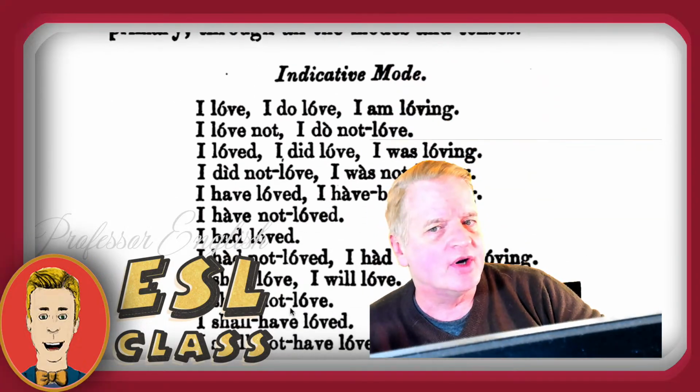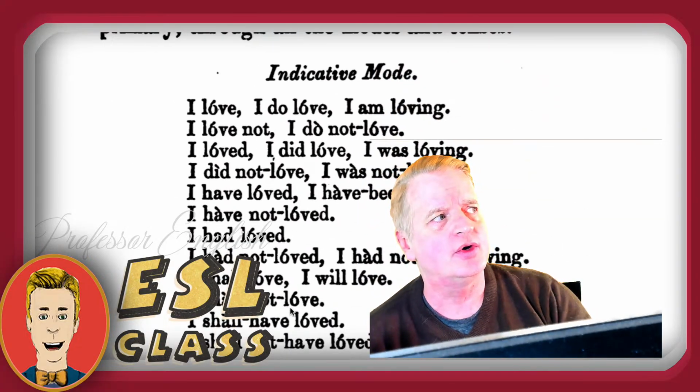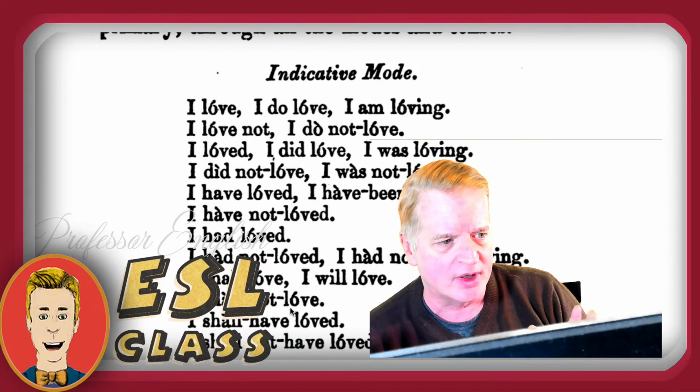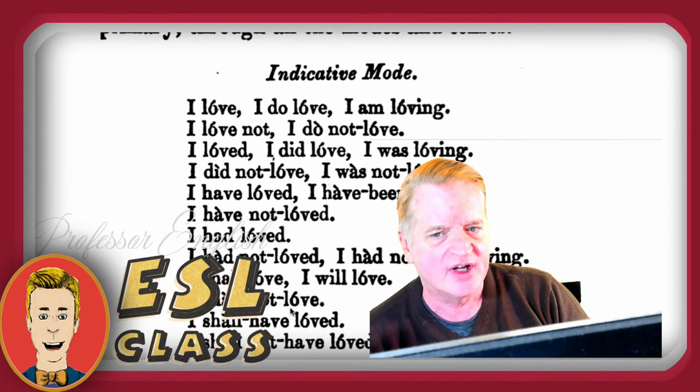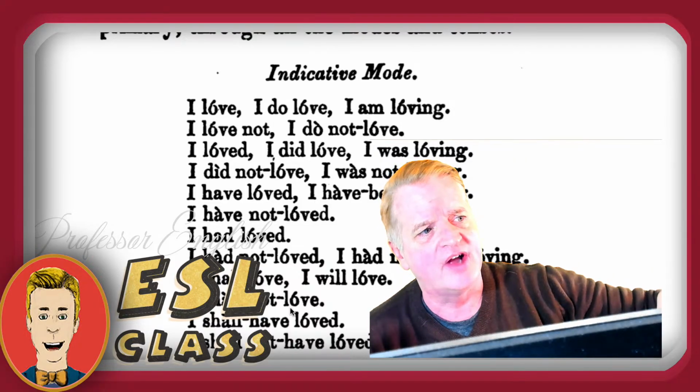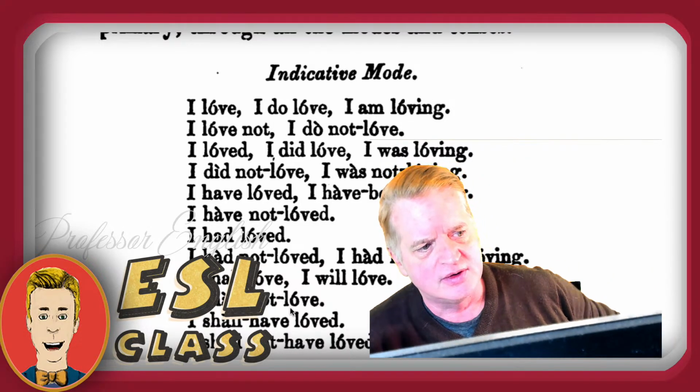Okay, but now the purpose of this book is to decide which words we should emphasize. So in that phrase, I love, according to the markings, which word should get the most emphasis? The word love. Okay, and so if you want to give the word love emphasis, how will you say it?